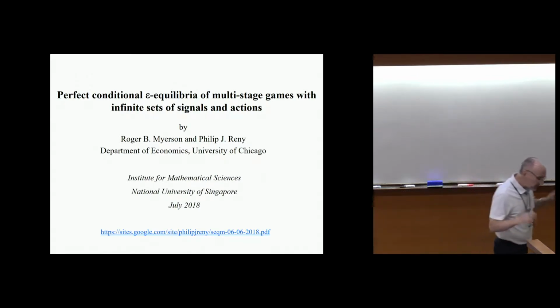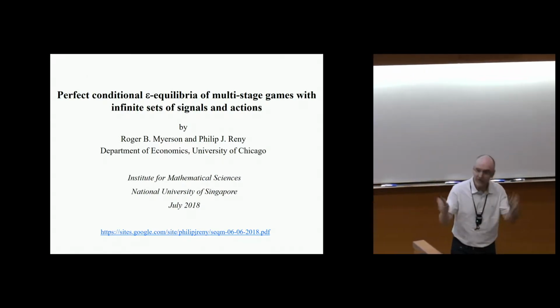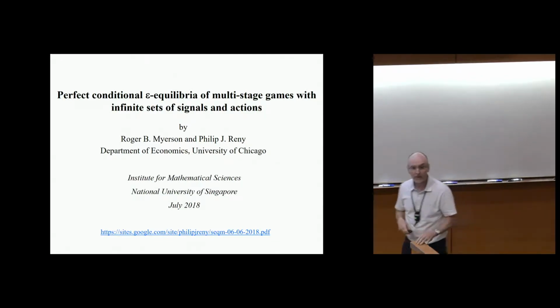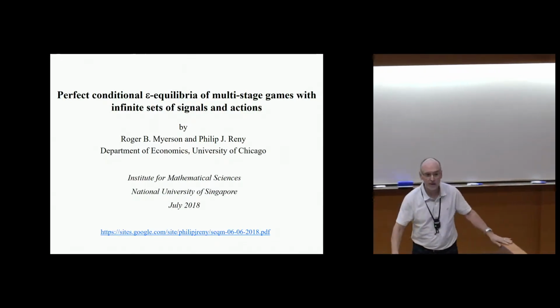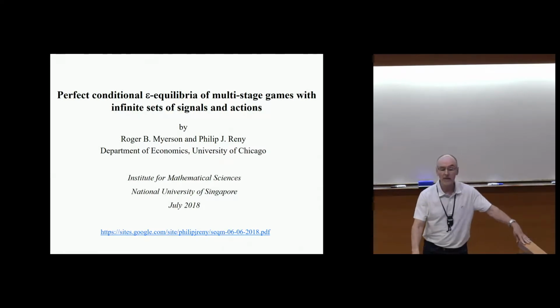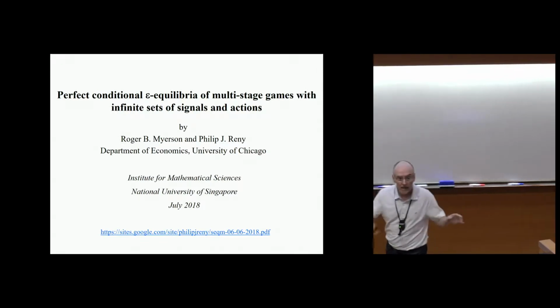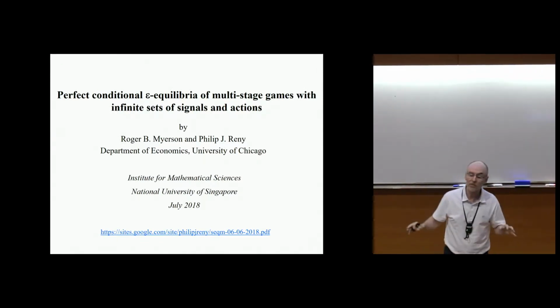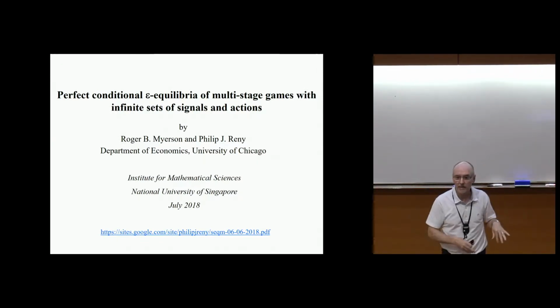And we went on like that for a little while, and then we just realized we don't know how. We have no clue how to approximate a general infinite game, a game with infinite actions and infinite information sets, by a finite game. So if any of you can figure out how to do that, that would be a great method. We just couldn't figure out how to do it, and so we abandoned that approach.